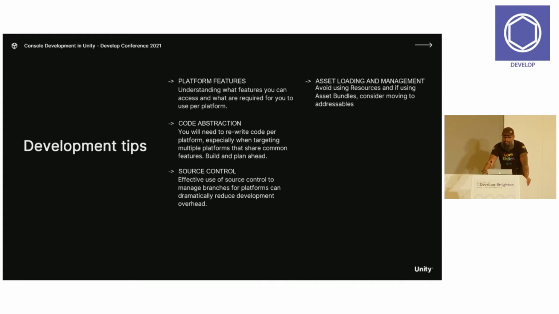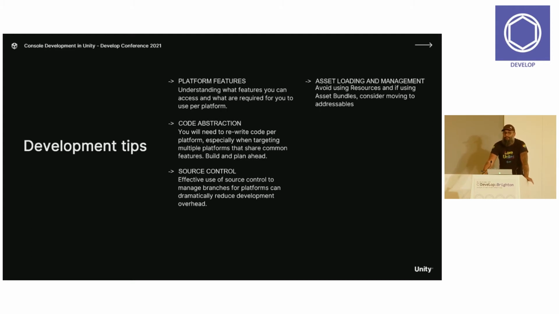Start to look at the use of asset bundles if you're already using them, or maybe even consider moving to addressables. Those solutions are there to help you manage your asset loading and reduce the amount you're loading in at any one given time to only what is required on the fly. This will really help you on platforms that are quite restrictive, with memory limitations or patch sizes.